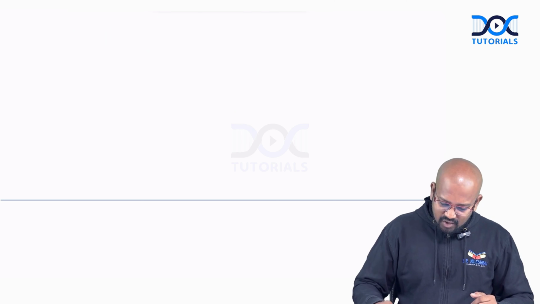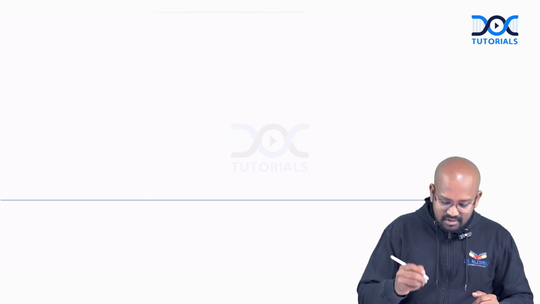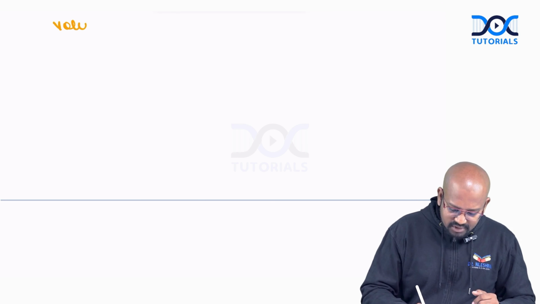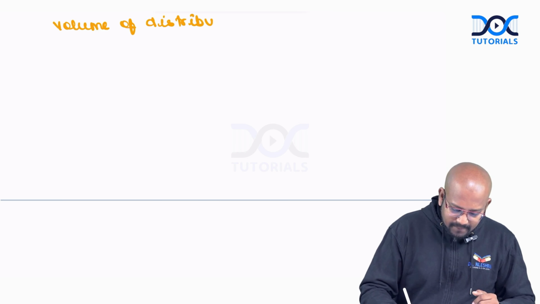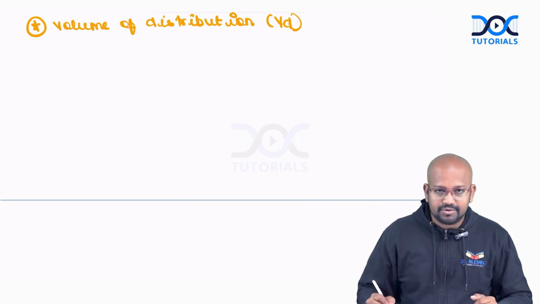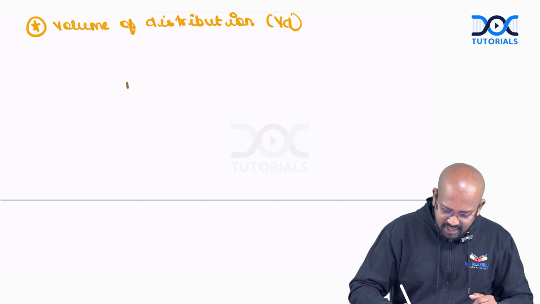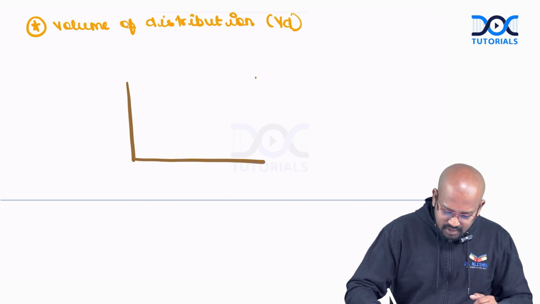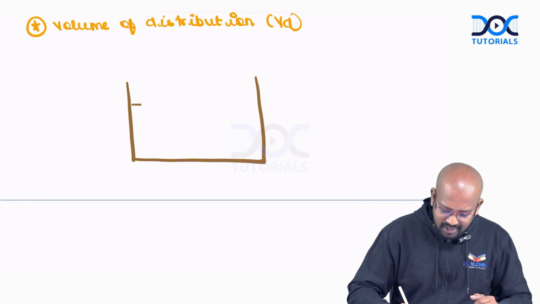Okay. Now, moving on to the next important concept within distribution, which is volume of distribution. What exactly is this Vd, volume of distribution? Consider, guys, you take up a beaker and you pour around 100 ml of water in it.